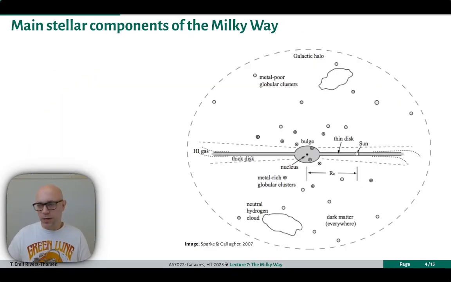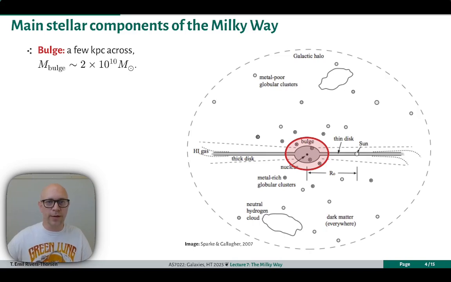Going back to our previous map of the Milky Way and its main components, this time we are going to focus on the Milky Way itself and its various stellar components specifically. But this will be things that you have seen before, at least here in the beginning. First, we have the bulge of the Milky Way.